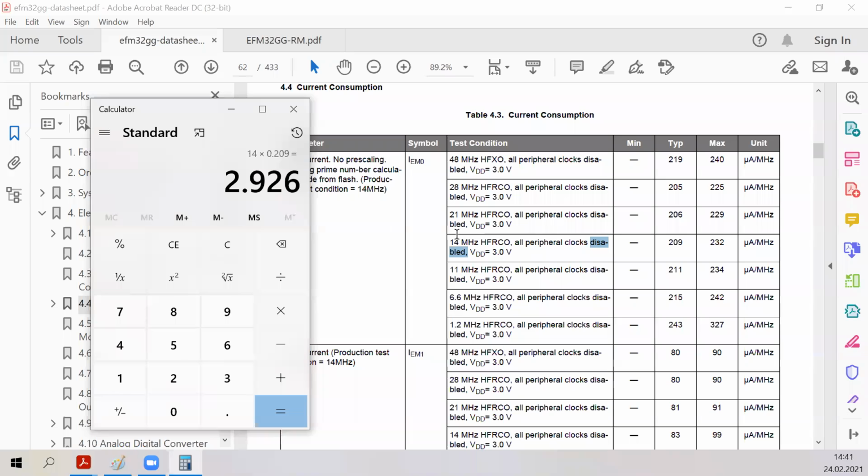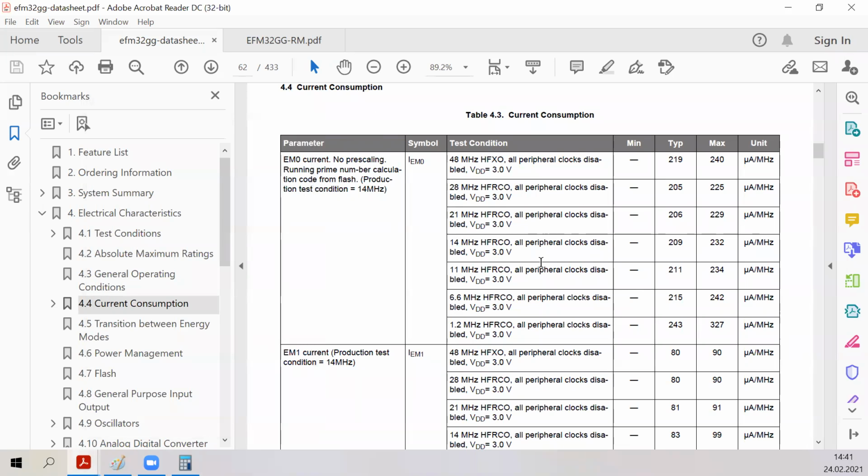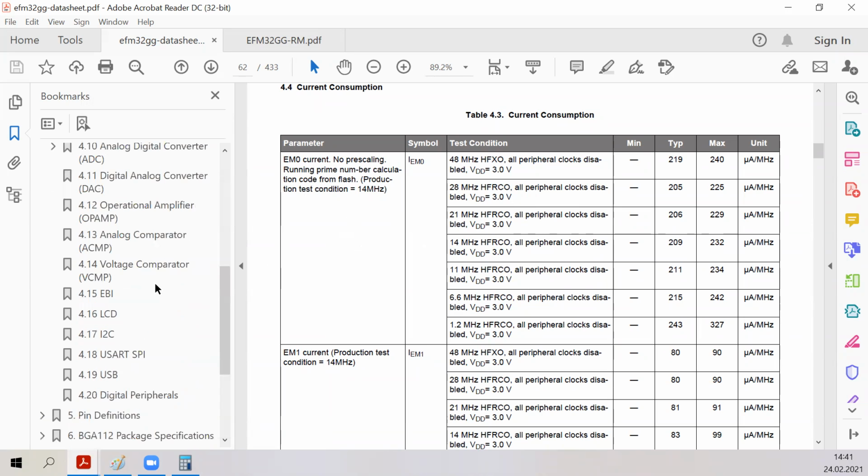So, that's just what we need to know. And if we want to, for example, do some communication through UART, or if we are running some timers, as we studied in the previous lessons, then we need to add extra energy consumption.